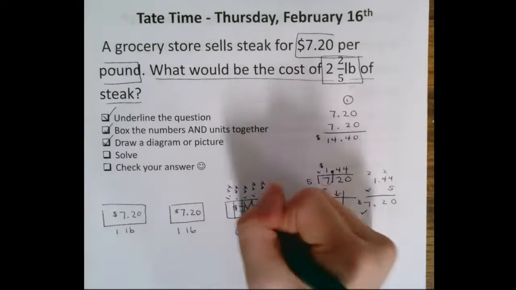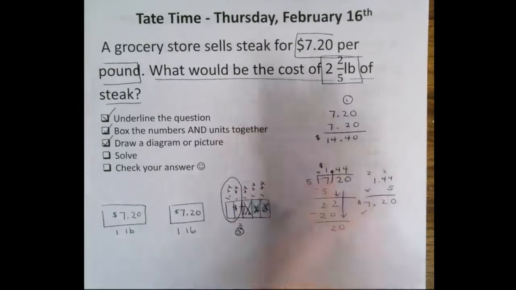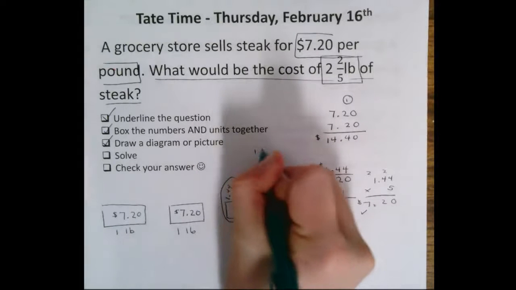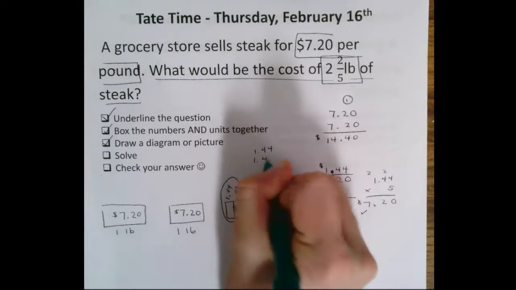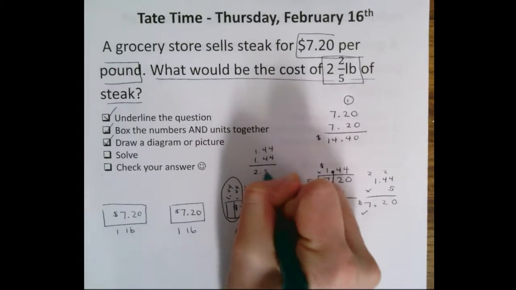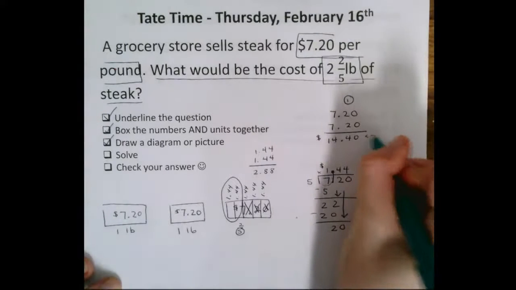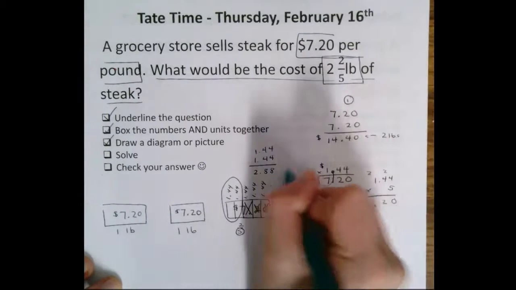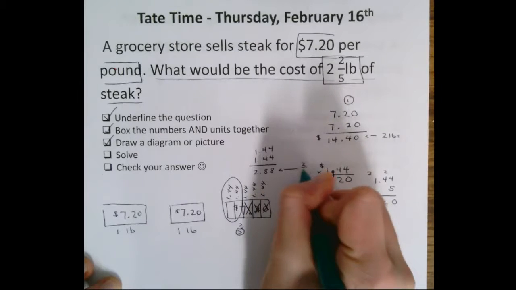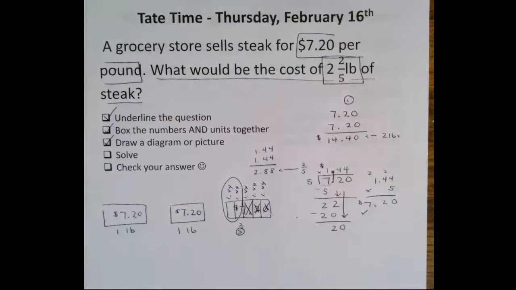Now, I know that I'm getting 2/5. I'm not just getting 1/5. So that's going to be $1.44 and another $1.44. And together that makes $2.88. Now, this is for 2 pounds, and this is for 2/5 of a pound. But I want to know how much it is for 2 2/5 pounds.